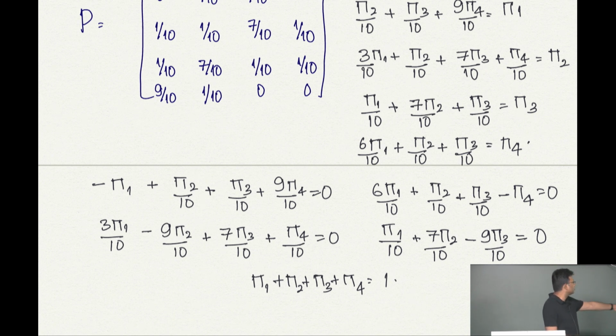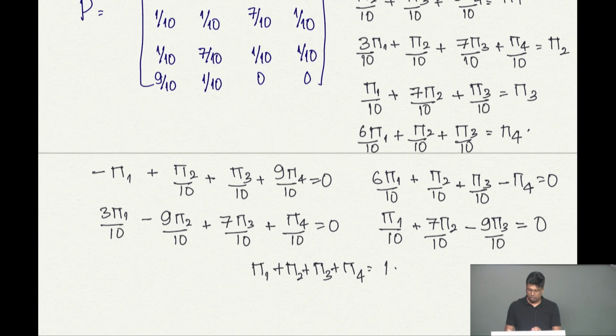So you add these two, you get pi 4 in terms of pi 1, pi 2, pi 3. And you have pi 3 in terms of pi 1 and pi 2, right? The equations are simplifying very fast. Or you have pi 1 in terms of pi 2, pi 3, pi 4. However you want to reduce it, you can reduce it.